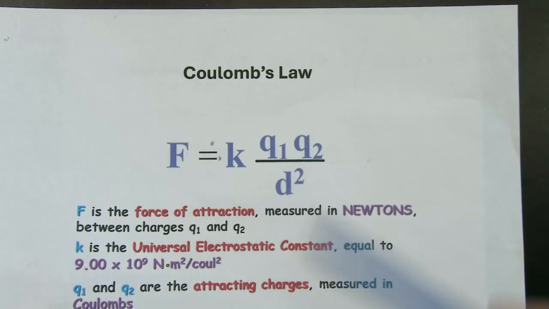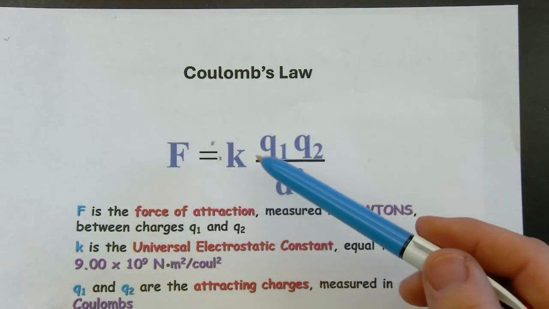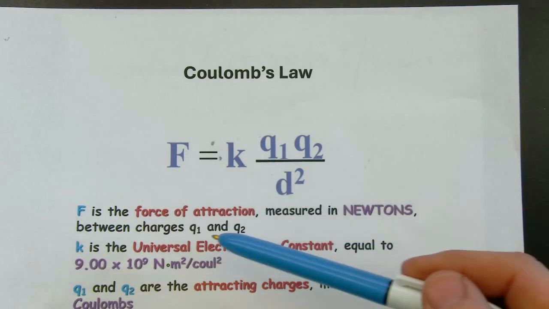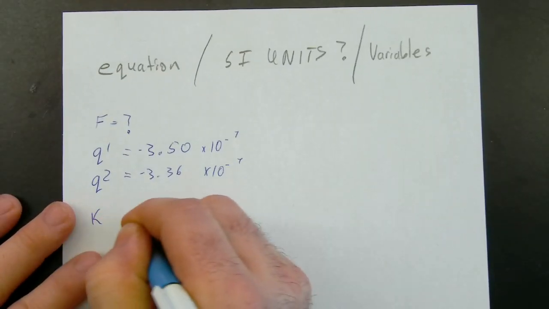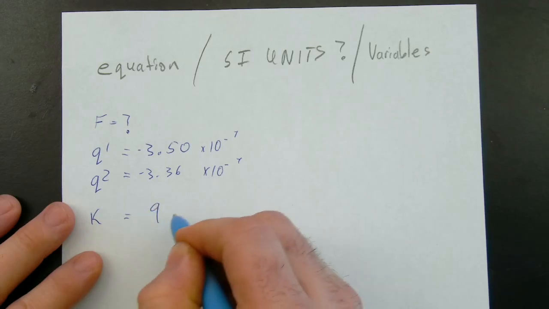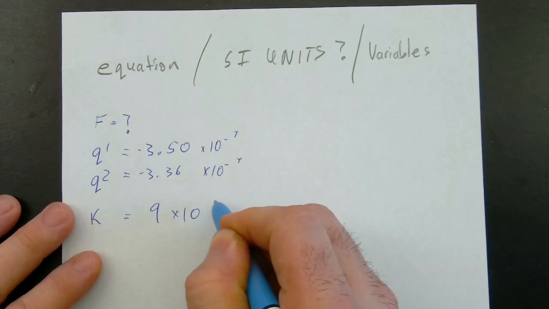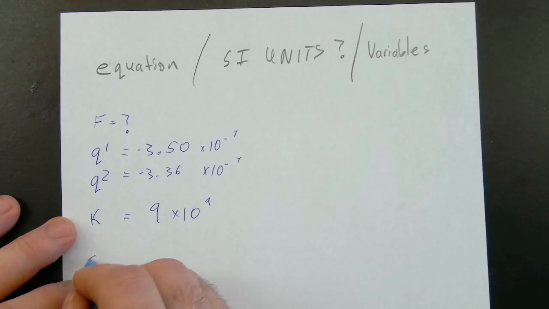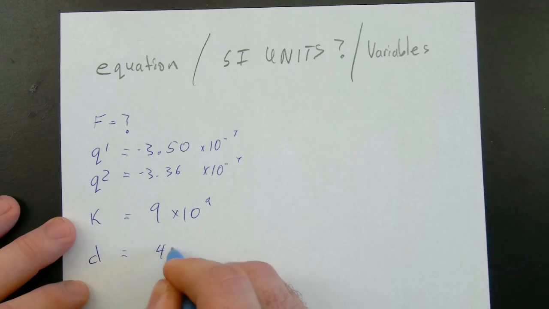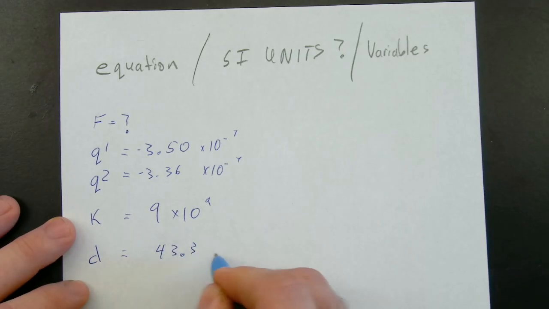Remember, we do have an equation for electrical force, and in that equation we have this K, which is a constant. We always know that. So we can go ahead and put that down. K is going to be 9 billion. And then the other thing that we're given in this question is they tell us that they're 43 centimeters apart. So distance is 43.3 centimeters.